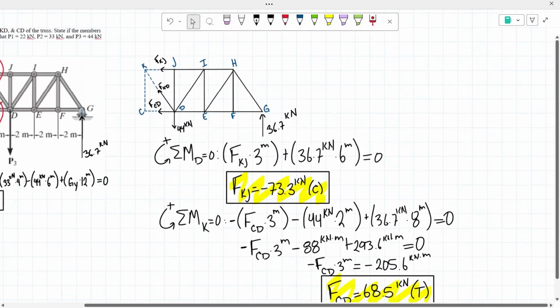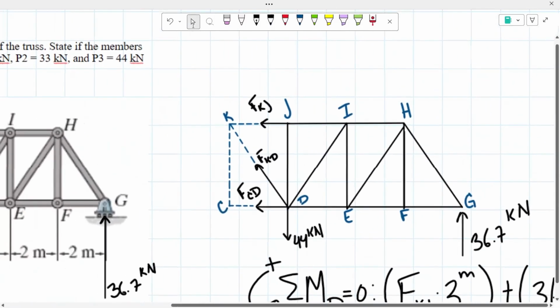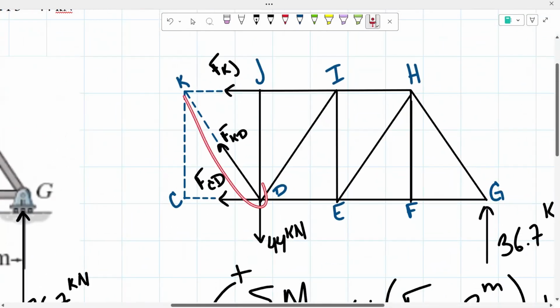So now we have found the forces of two members. From there, as you guys could see, the missing member that we have left is the member KD. KD is at an angle, meaning that it will have a vertical and horizontal component to it.